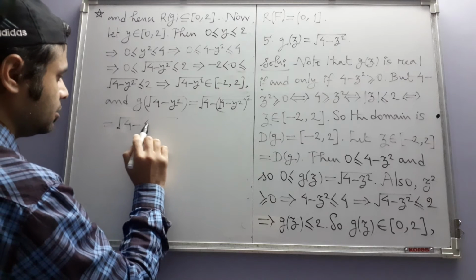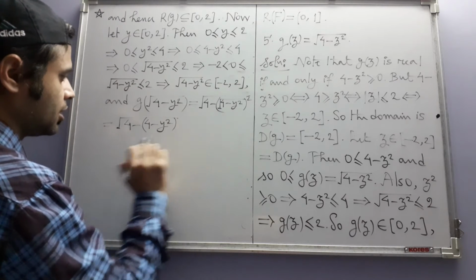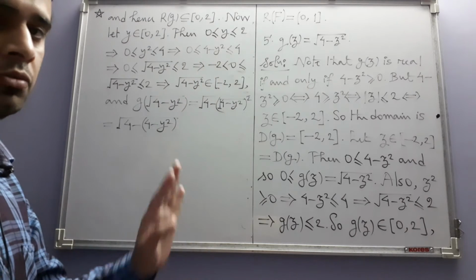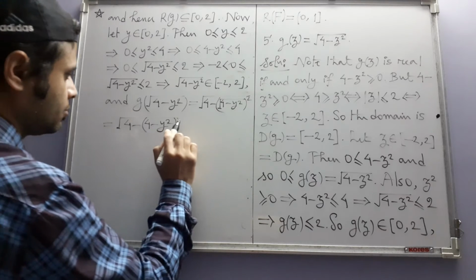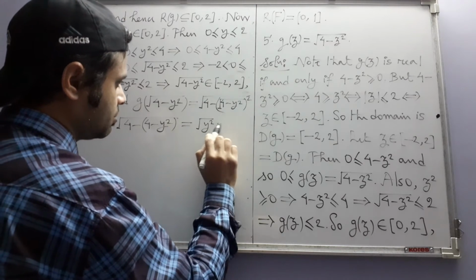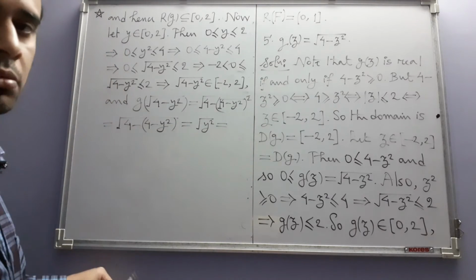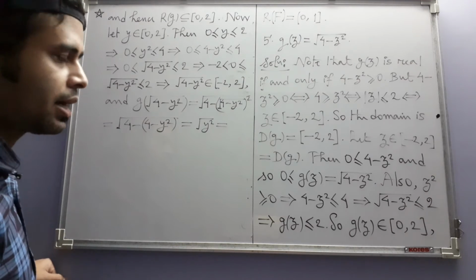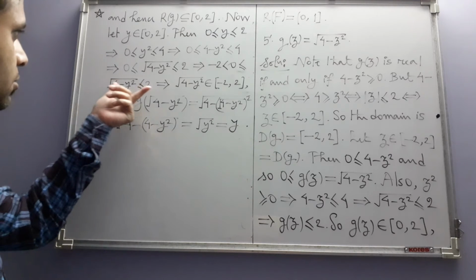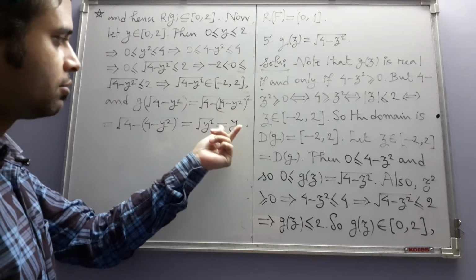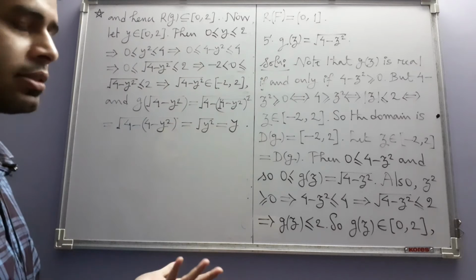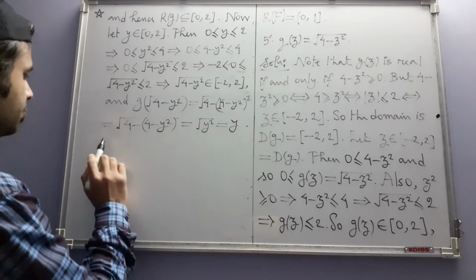After that we write 4 minus y square. That is because 4 minus y square is non-negative, not y square minus 4, and this is equal to square root of y square. Now what will you write here, plus y or minus y? That will be determined by the sign of y. Y itself is non-negative, so we will write y. So this is our input in the domain for which y is the output. So any y here appears as the output of something under the function.